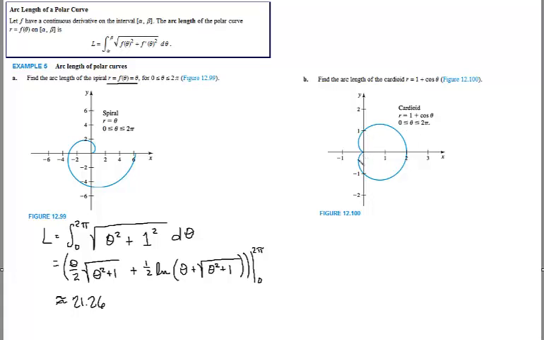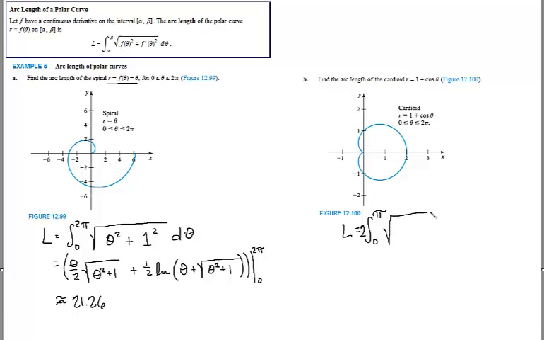Next, I've got this. It kind of looks like a little heart shape, so it's a cardioid, and here's my r function. My length is going to go from 0 to 2 pi, but I could make use of symmetry and just do it from 0 to pi and write a 2 out here, which is what I'd rather do.